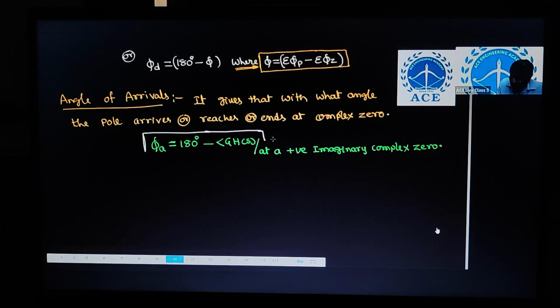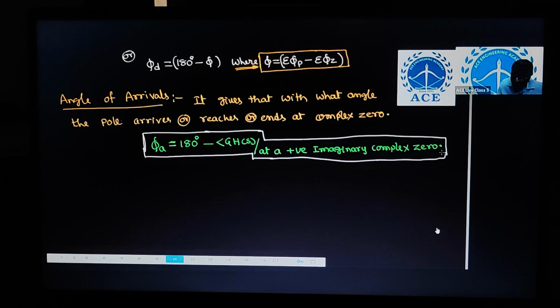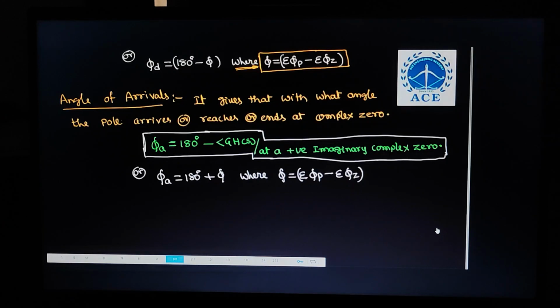Phi A equal to 180 minus angle GH at a positive imaginary complex zero. Or phi A equal to 180 plus phi, where phi equal to sum of angles contributed by the poles minus sum of angles contributed by the zeros. This is the second formula.